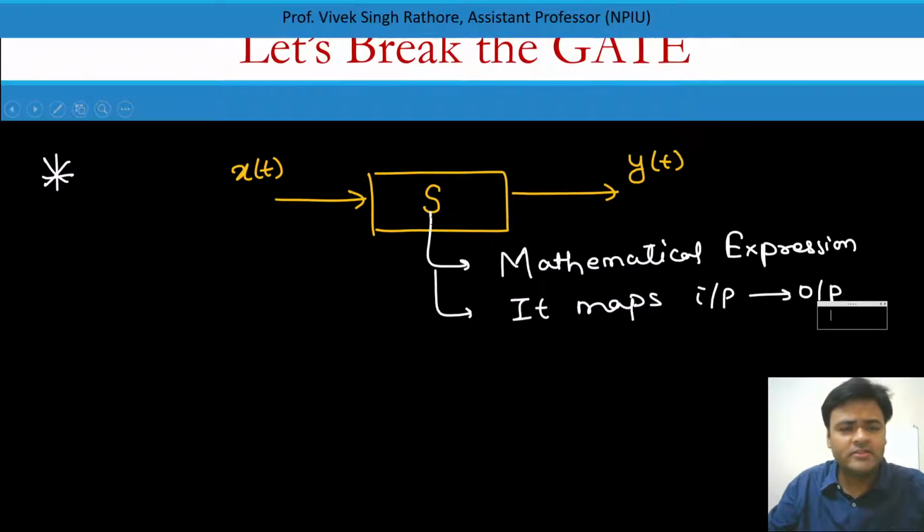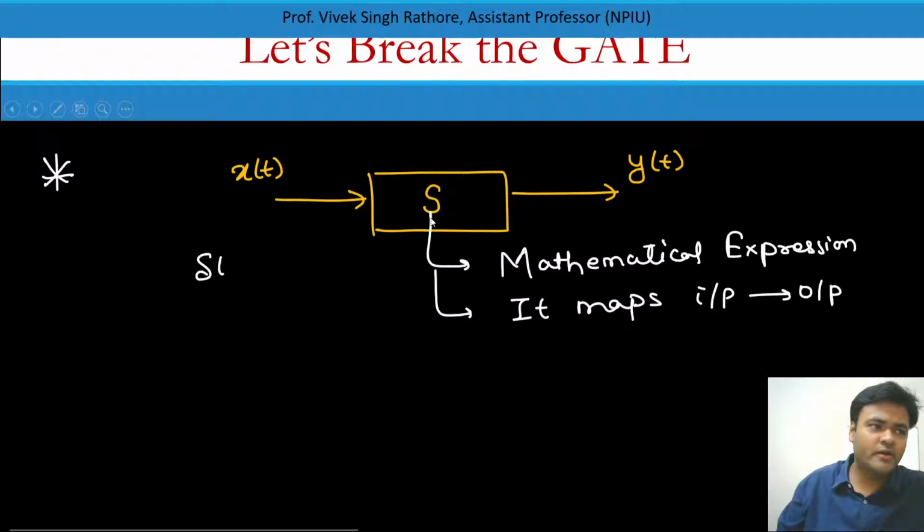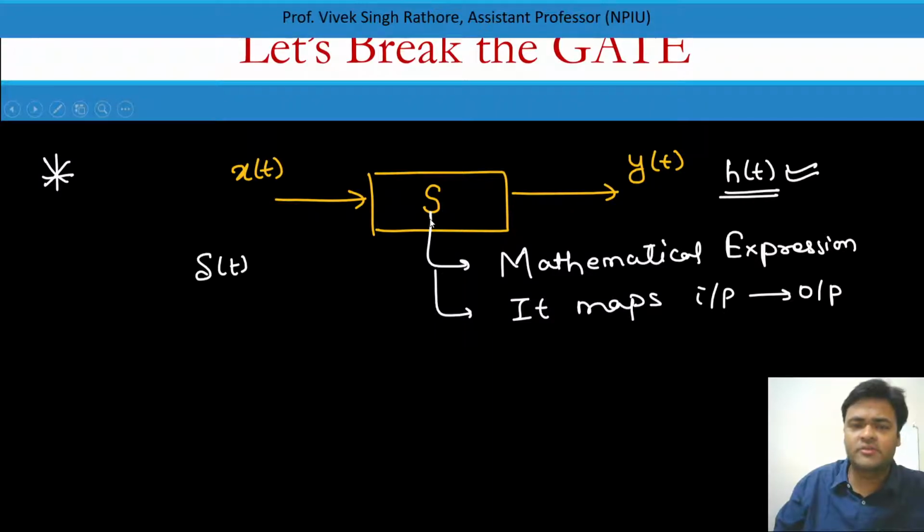And a system can also be represented as a unit impulse response. Whenever we give a unit impulse input, the output is called the impulse response, because the input we have taken is an impulse. Whenever we give u(t) input, unit step, we get some response, we'll call it the step response.